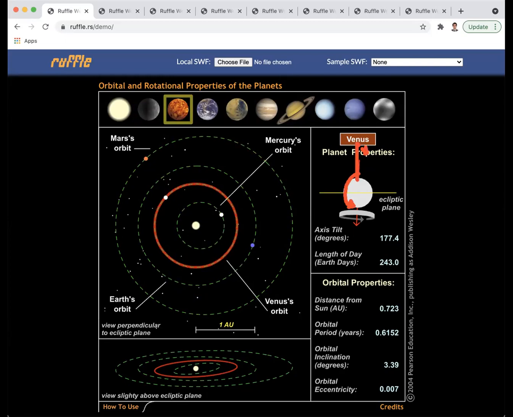But I think the way that we're talking about it here means that we are considering the North Pole and South Pole. So that's why we're saying it's 177. It depends on which direction you're talking about. But it still has a little bit of an axis tilt compared to this dotted line, if you're looking at it in this direction.